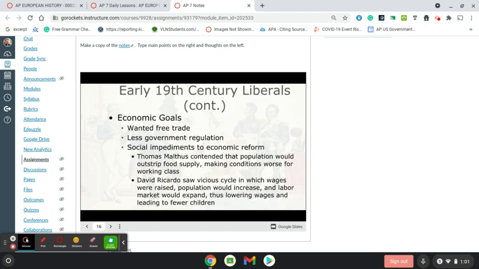They also wanted free trade because they believed that barriers hindered efficiency. So less government regulation. In fact, they saw human activity often was a hindrance toward economic growth.